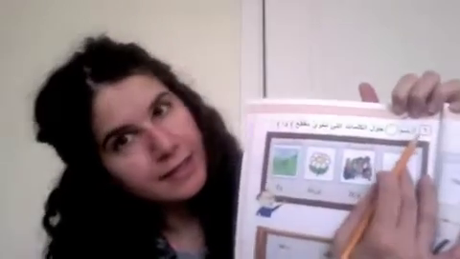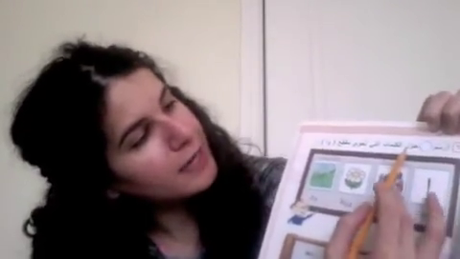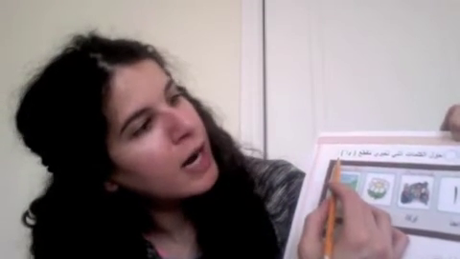جيد جدا. Very good if you've done it right. ممتاز. Let's finish up with the final exercise for this lesson. Exercise 6. أرسم دائرة حول الكلمات التي تحتوي مقطع و.